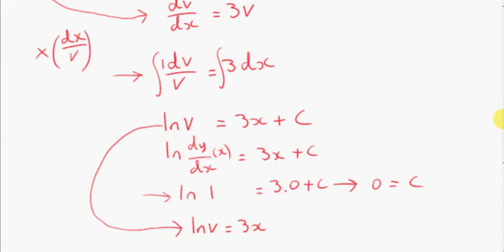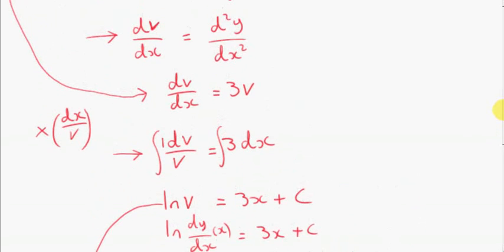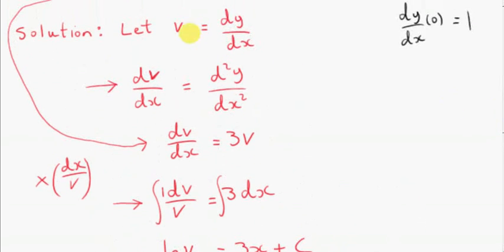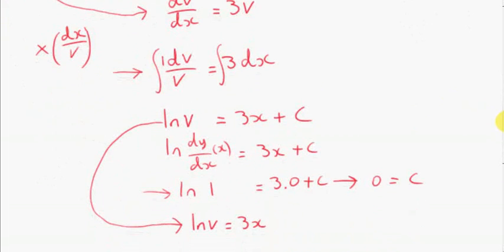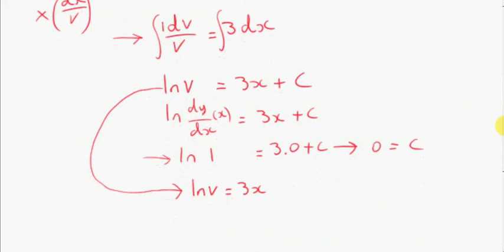Of course, we set v equal to dy dx. If I go back up here, v equals dy dx. So now we can get another differential equation. From this you see that ln of dy dx equals 3x.